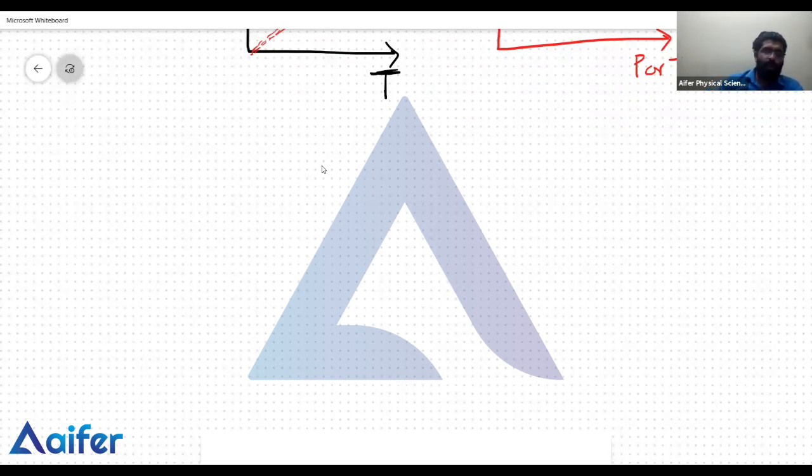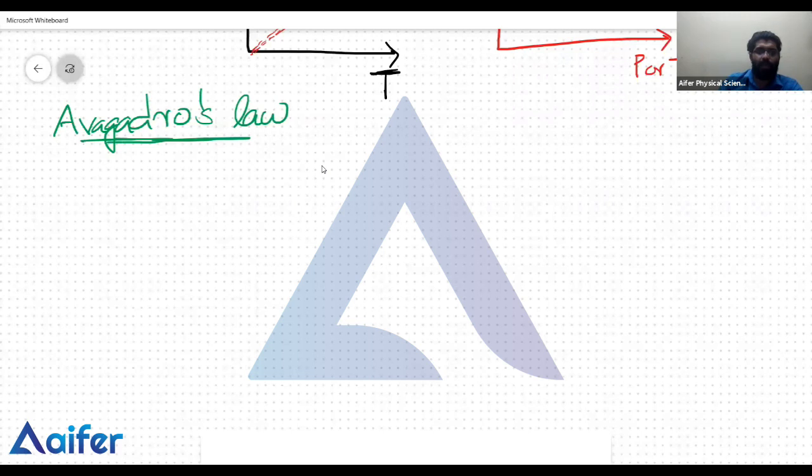Now our new concept, Avogadro's law. The law says that at the same temperature and pressure, equal volume of all gases contains the same number of molecules. That statement is important.